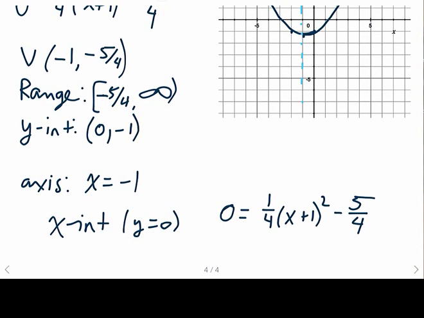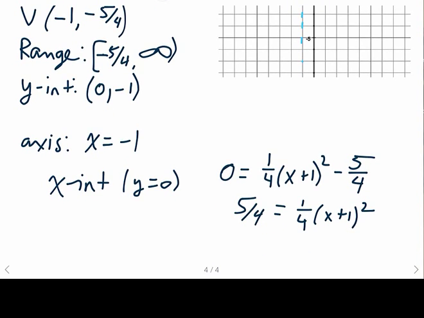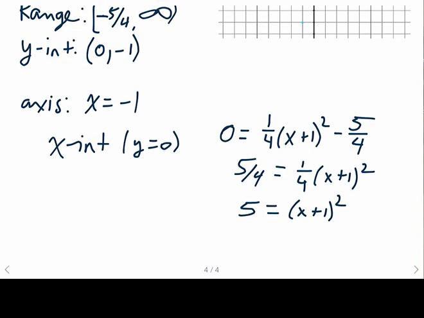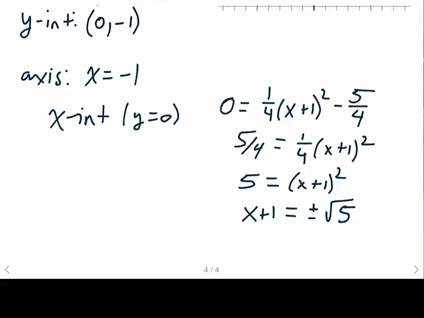And so, adding 5/4 to both sides, I get 5/4 equals 1/4 times the quantity of x plus 1 squared. Clearing the fractions by multiplying by 4, I get 5 is equal to x plus 1, the quantity squared. Square rooting both sides, I'm flipping the thing around too. We're going to get x plus 1 is equal to plus or minus the square root of 5. And finally, x is equal to -1 plus or minus the square root of 5.